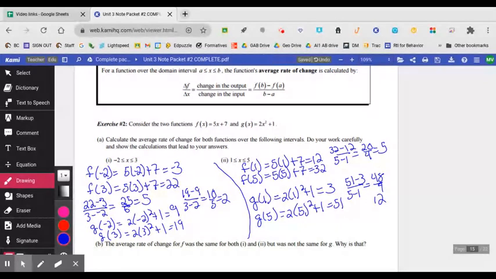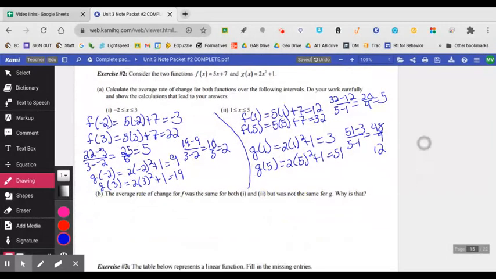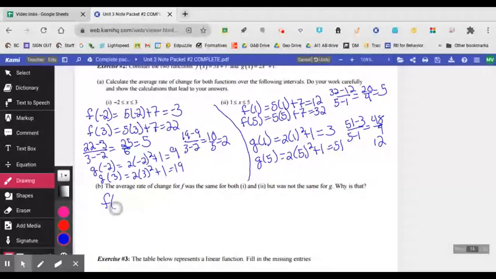So it says the average rate of change for f was the same in both 1 and 2, but was not the same for g. Why is that? So the reason is f of x is linear because it has an exponent of 1 on x. Therefore, it has a constant rate of change. So it doesn't matter what interval we use.